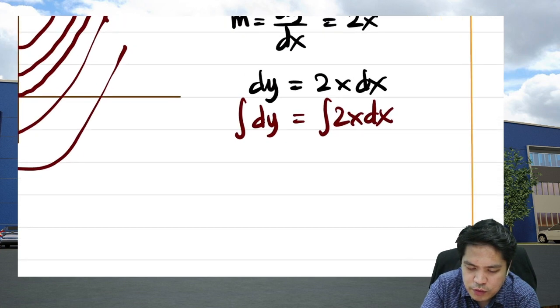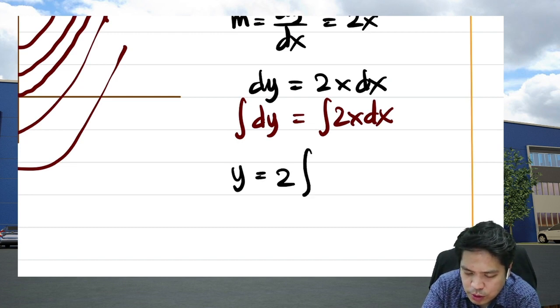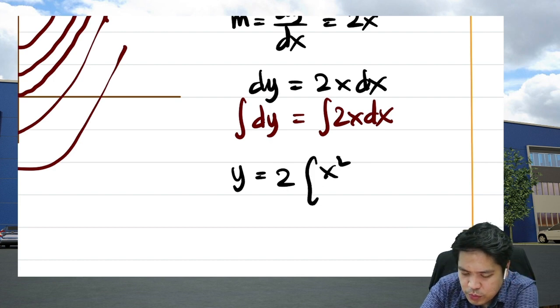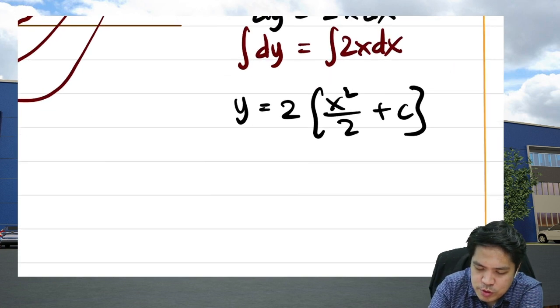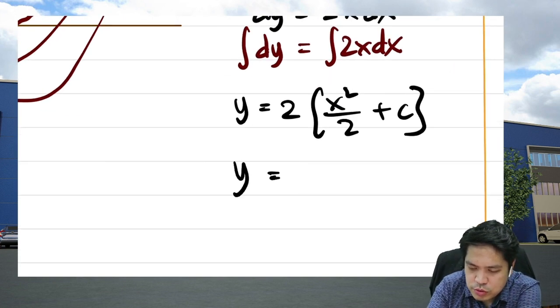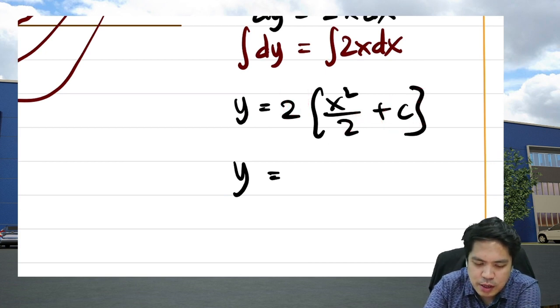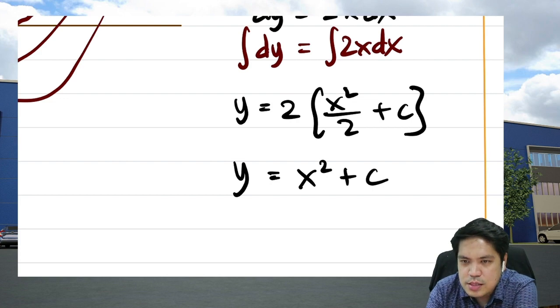And the integral of dy, of course, is just equal to y. So therefore, y is equal to 2 times the integral of x dx, which is x squared over 2 plus c. So therefore, y is equal to, cancel this out, then 2 times c is 2c, that's still c, arbitrary ka, c. So that would be x squared plus c.